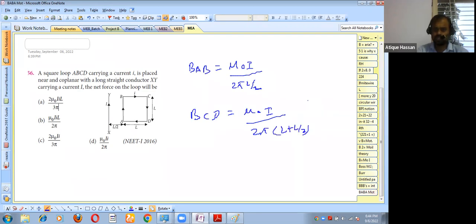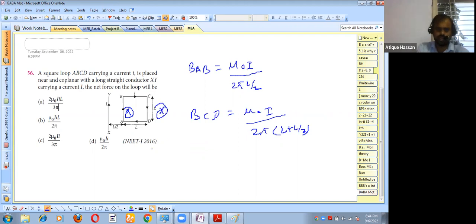We have to see the distance. So force is IL cross B. What is the direction of magnetic field? Obviously, it will be inward.